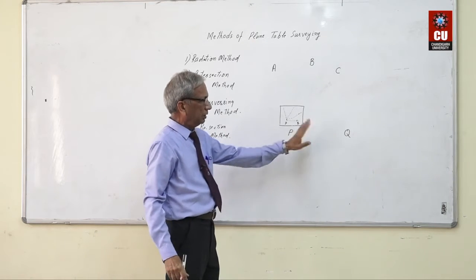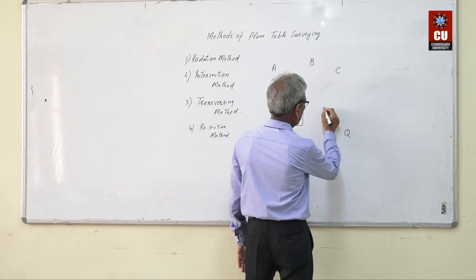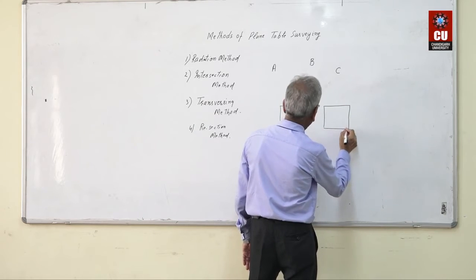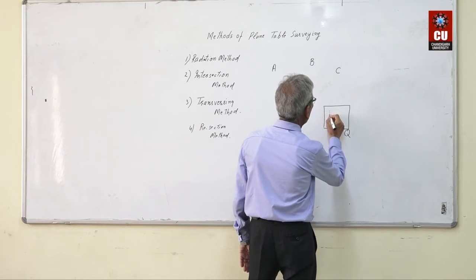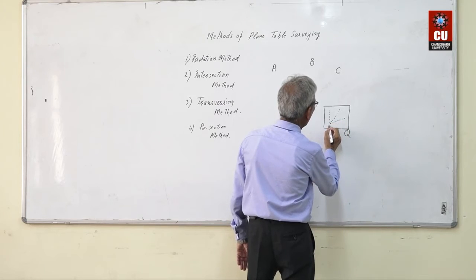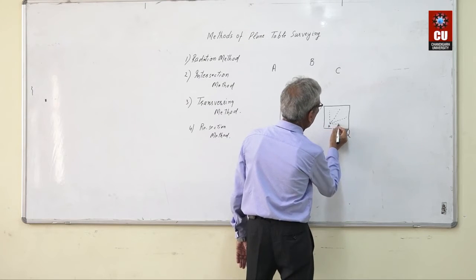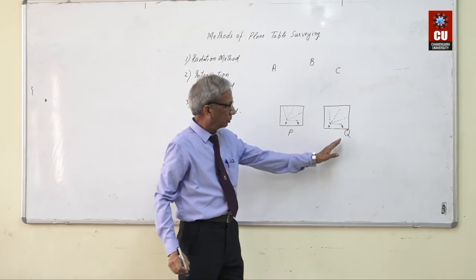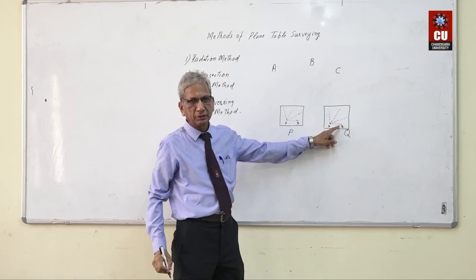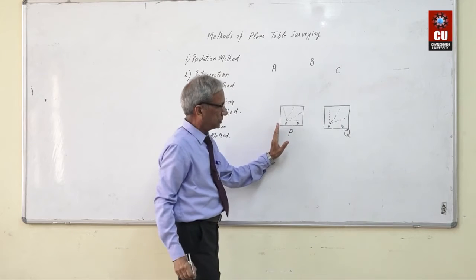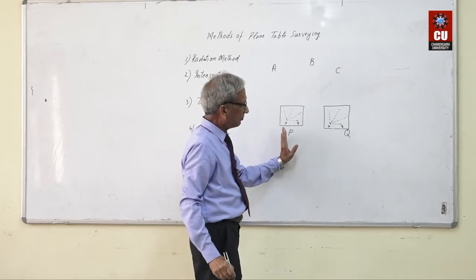We will shift the table to Q. We have shifted the table to Q, with the point which we have marked as q. Now orient the table with respect to P.